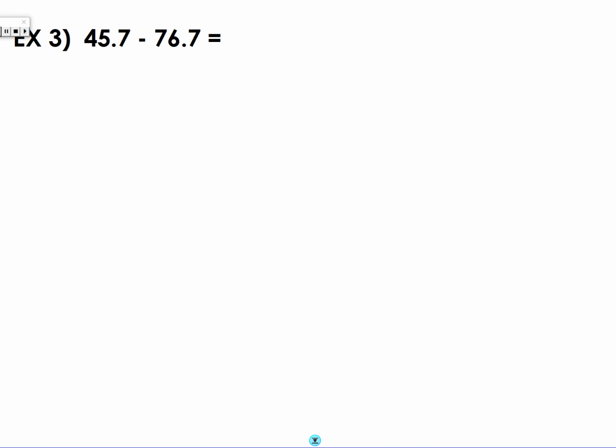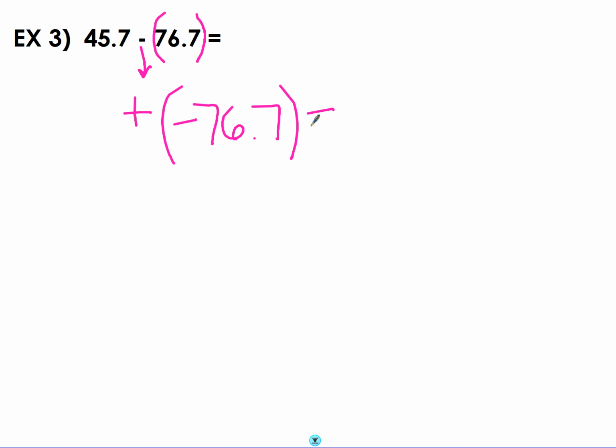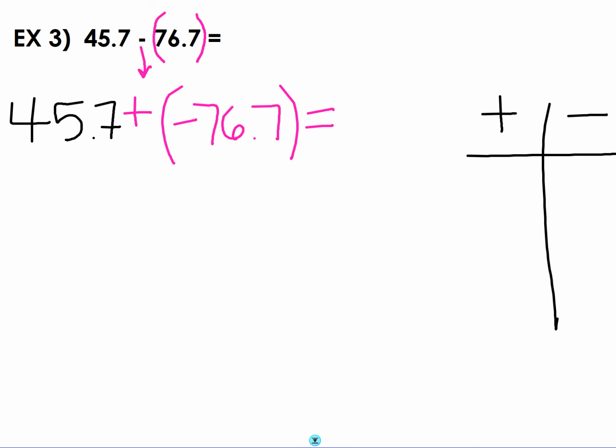Example 3. Another subtraction problem. So I'm going to put parentheses around the number I'm subtracting. I'm going to change this to adding the additive inverse. And then we're going to put back the 45.7. And then same thing, scoreboard. Once I change this to an addition problem, I can use the scoreboard.